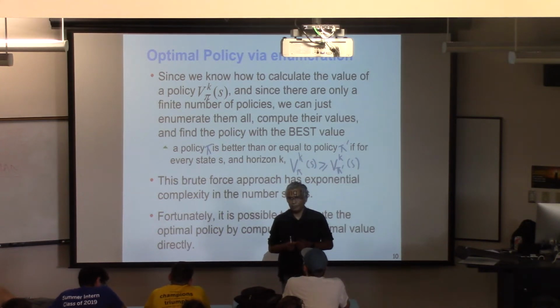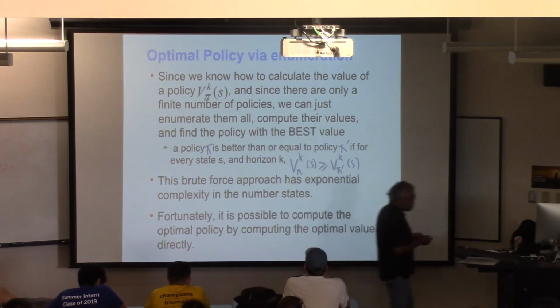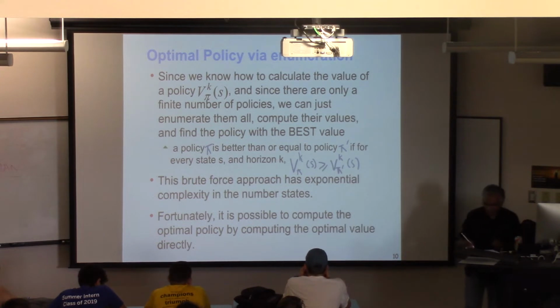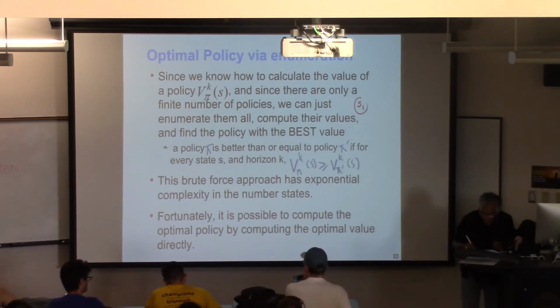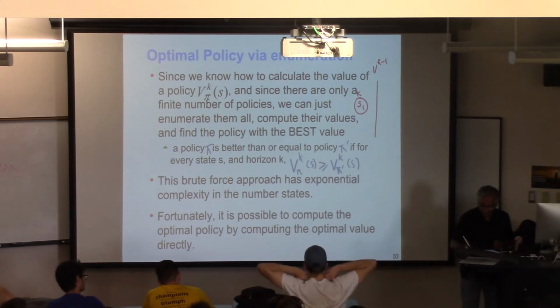Okay? And to do that, let's first see the following thing. Suppose I am at S1 and I have K stages to go. I have computed the optimal V star of k minus 1.